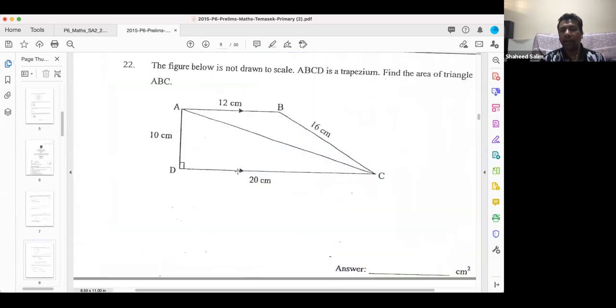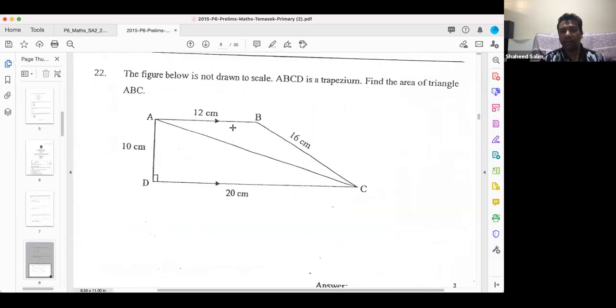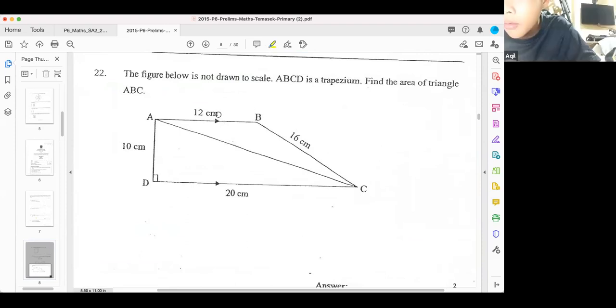They want you to find the area of the triangle ABC, which is here. This one down here.